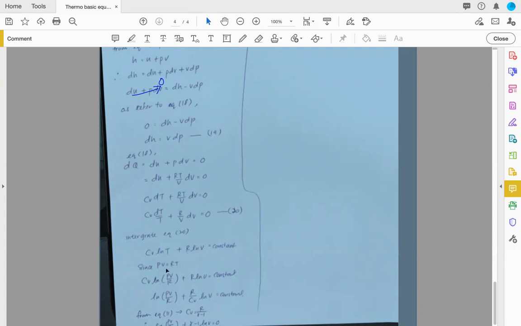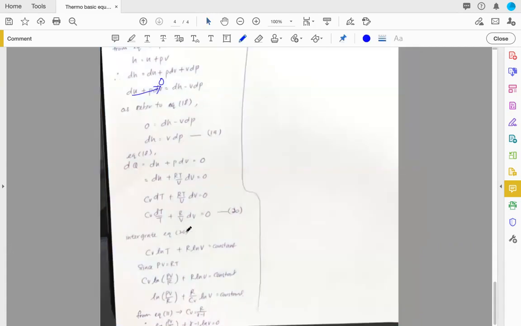I can also use PV equals RT to replace the T. I can put this inside here. So then I have ln PV over R plus R over Cv ln V equals a constant. From equation 11, Cv equals R over gamma minus 1.